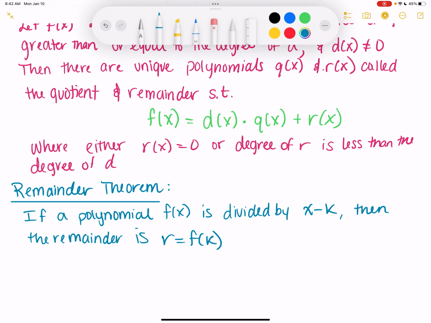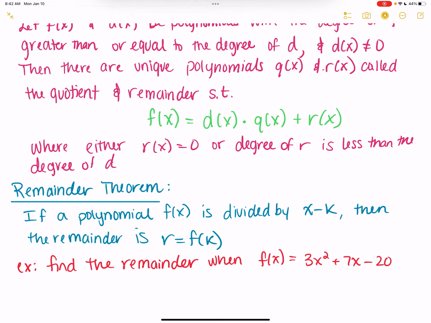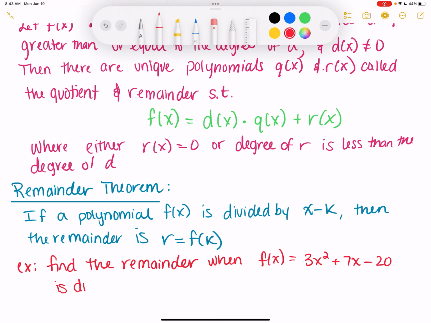So, for example, find the remainder when f of x is equal to 3x squared plus 7x minus 20 is divided by the following.